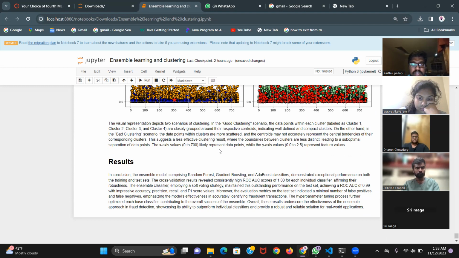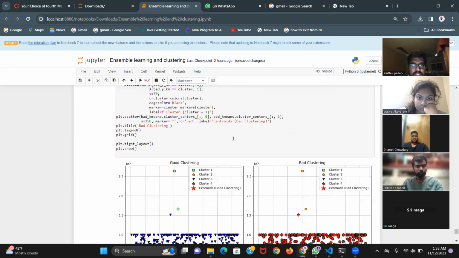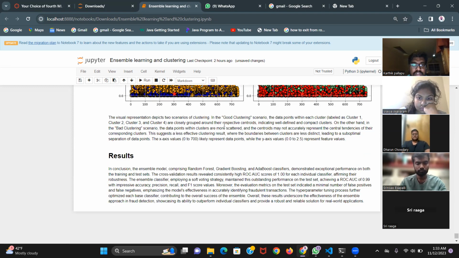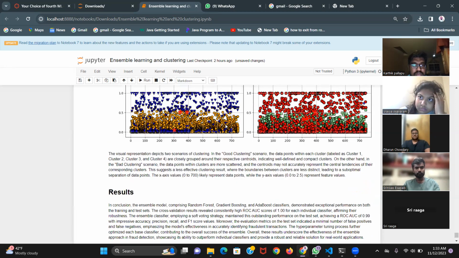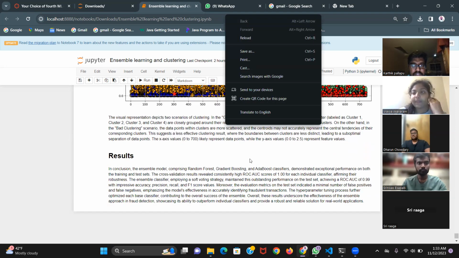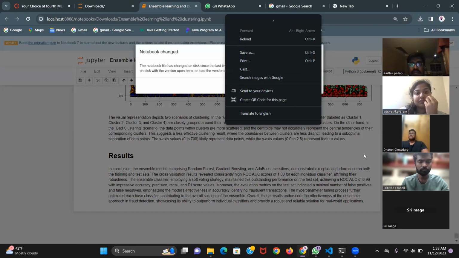Moreover, the evaluation metrics indicated that these centroids and these ensemble classifiers are mostly used in accurately identifying the transactions, and the hyperparameter tuning process further optimized the overall success, along with the k-means clustering. These both are mainly used in our machine learning project for approaching fraud detection and also showcasing its ability on our platform. So that's all from our end.